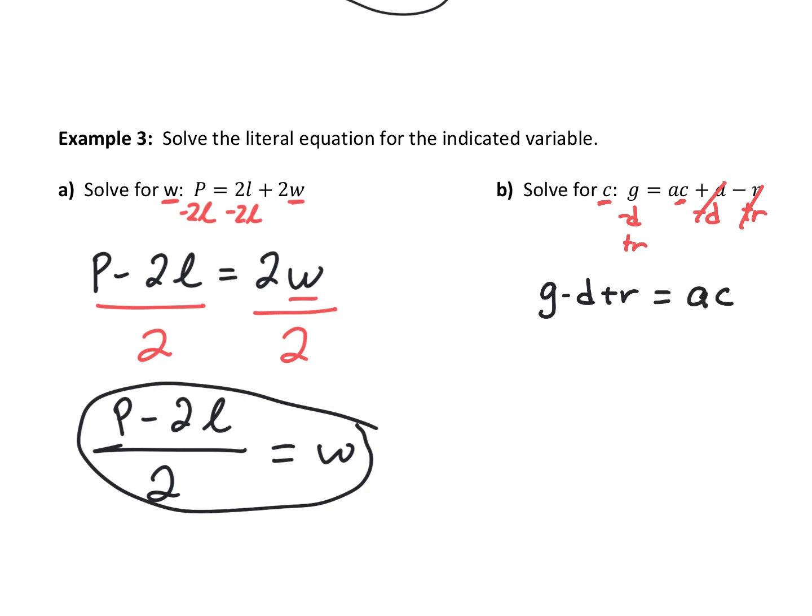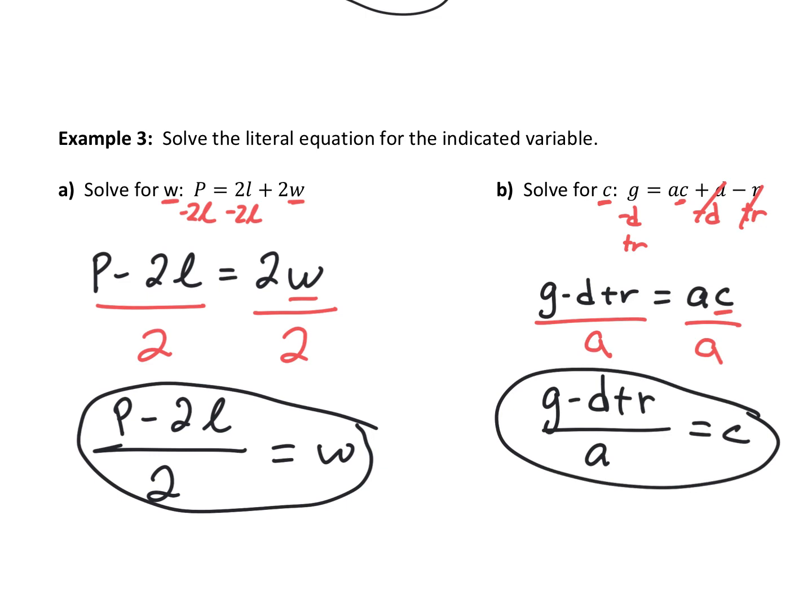Still trying to solve for c, so I'm going to underline it. And we're going to divide by a on both sides to get rid of a. And there we go. That is the last step, and that is my literal equation. g minus d plus r, divided by a, equals c, and that's it right there.